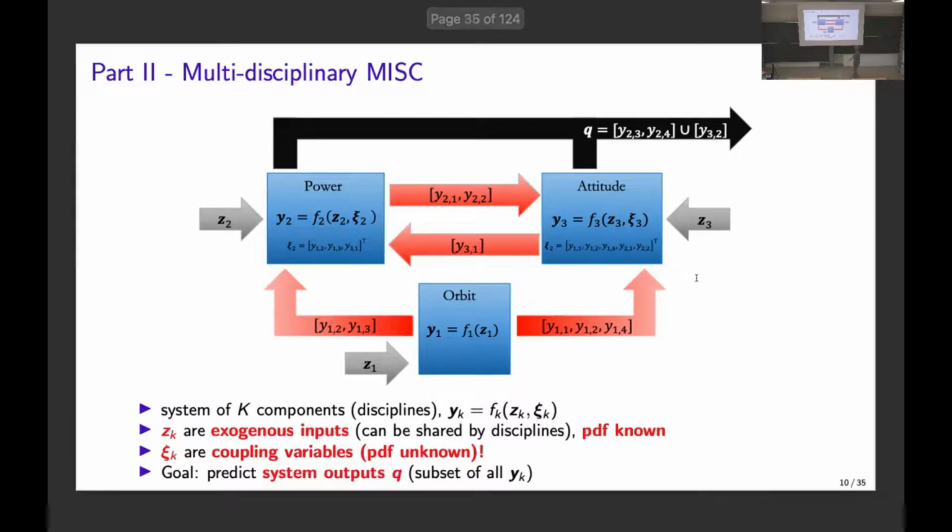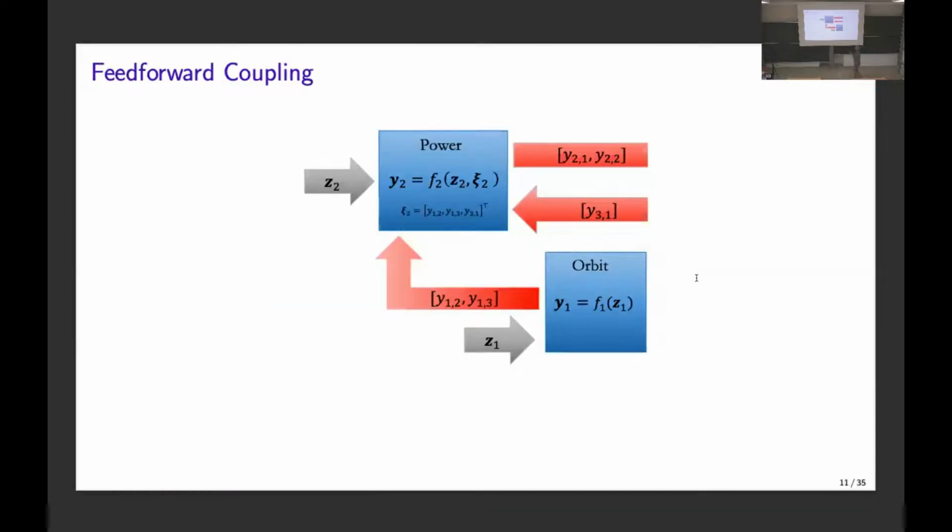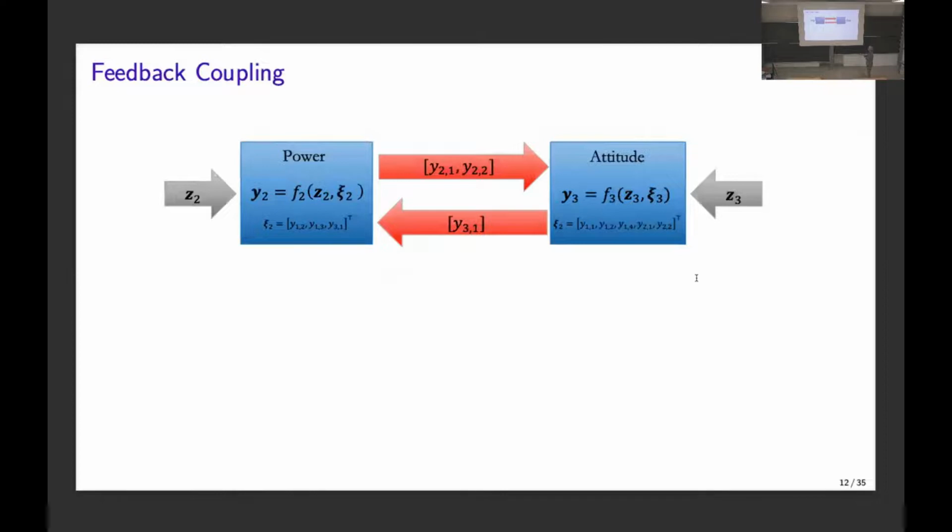Okay, and I want to predict statistical information on Q, which is the overall output of the system. And again, certain systems are in feed forward, like the orbit feeds into power. And in that case, it's very easy to do, right? Sometimes instead, the two systems are connected in feedback mode, and then they have to exchange information.